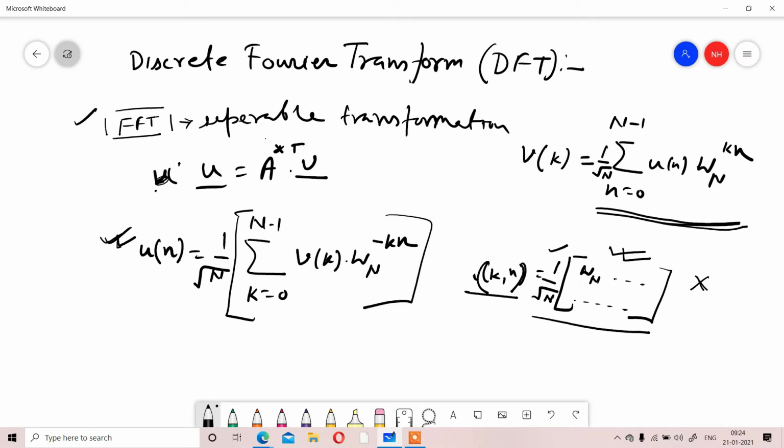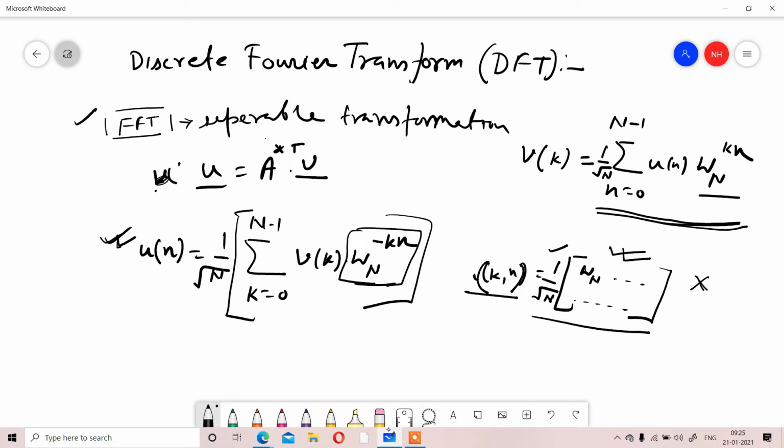The matter is that the expression W N K N that we are using, that matrix must be unitary. Now, initially we had not considered 1 by root n, that means here W N K N was not unitary. As it was not unitary, if we calculate u n from here, we get an extra term 1 by n.